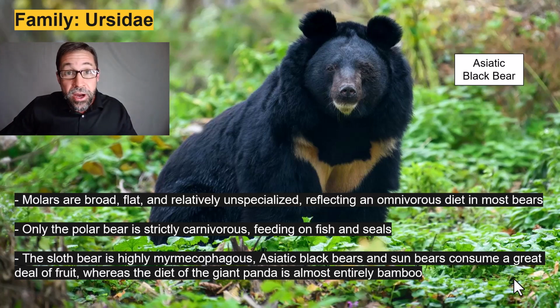The sloth bear, shown on the last slide, is myrmecophagous, meaning ant and termite eating. You should know that by now. The Asiatic black bears, shown here, as well as the sun bears in Indonesia, are going to consume a great deal of fruit. And then, of course, there's the giant panda, who subsists entirely on bamboo.